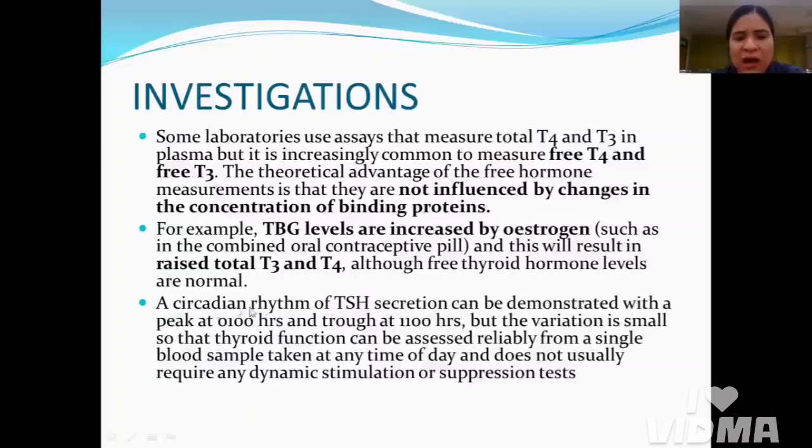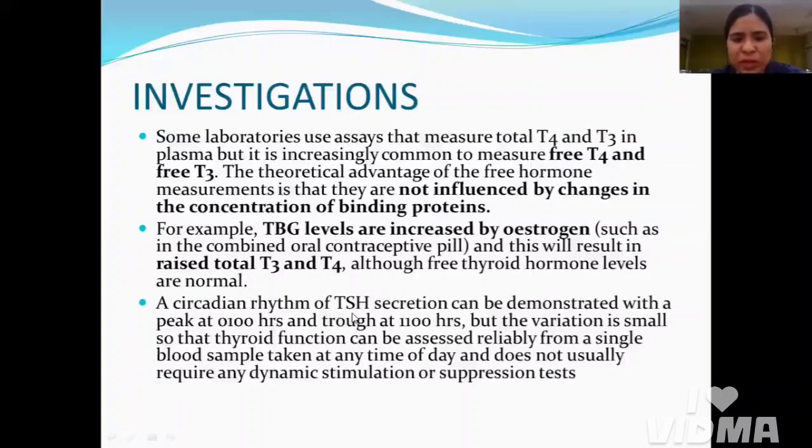A circadian rhythm of TSH secretion can be demonstrated with a peak at 1 a.m. and a trough at 11 a.m. So, like other hormones, it also has a diurnal variation. Circadian rhythm means it has a diurnal variation, that means levels change in the morning and at night.